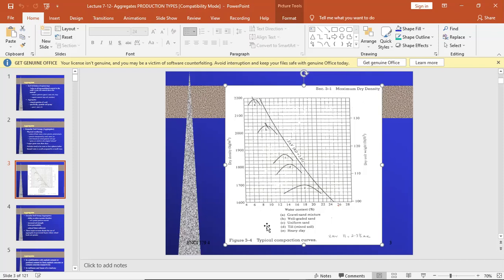If some proportion is higher, then it will be a problem. We will talk about this in the gradation section. But just for the sake of knowledge, we always want aggregate that has maximum dry density. This is our desire.